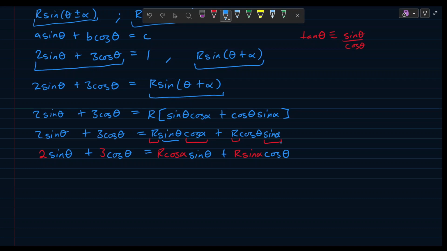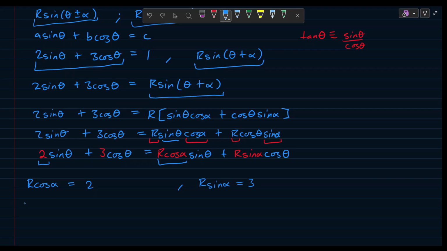So comparing the left and right hand sides, you can tell that 2 must be equal to r cos alpha and 3 must be equal to r sine alpha. So we can say that r cos alpha is equal to 2 and r sine alpha is equal to 3.